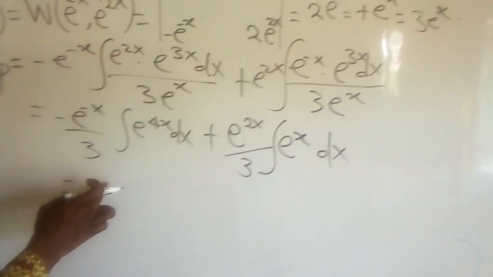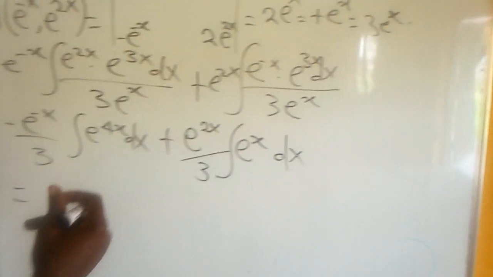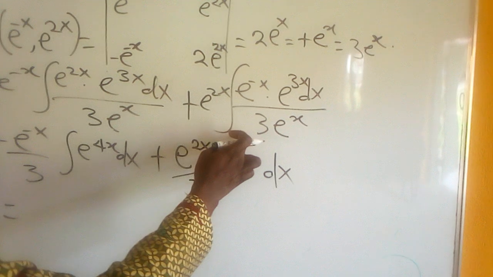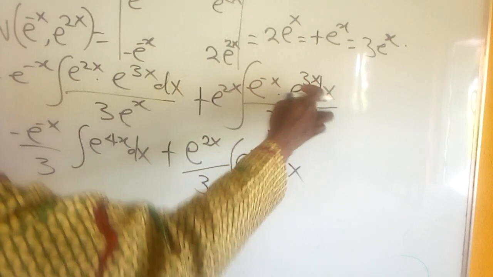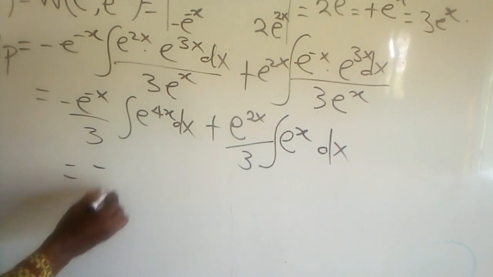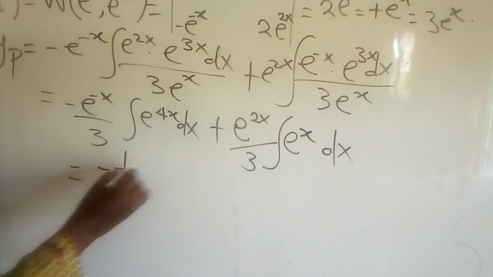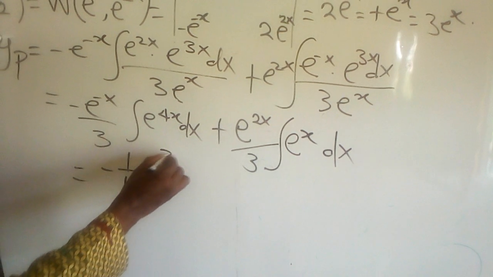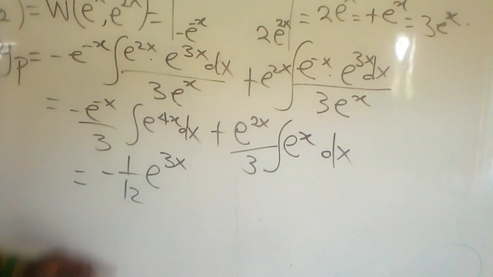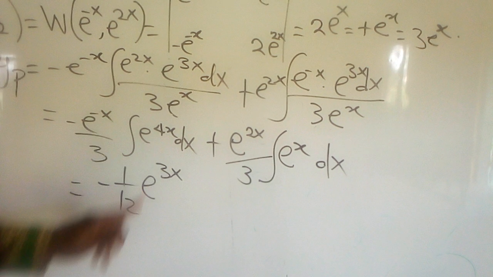when this is integrated, you discover that the value at this point is a direct addition. So here we'll be getting minus reciprocal 12 exponential 3x. Why? Because when we integrate this, 1 over 4 will come out.